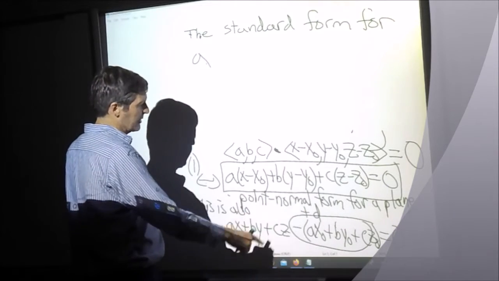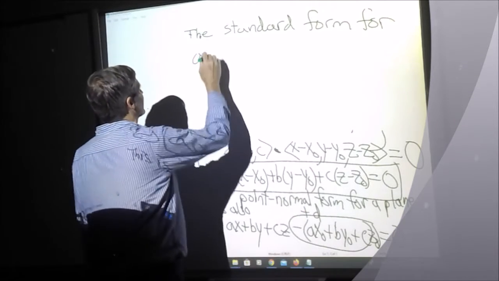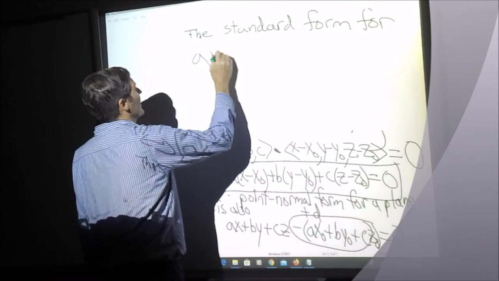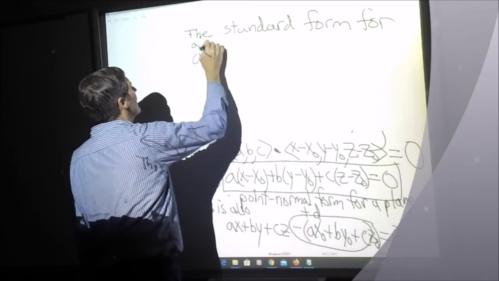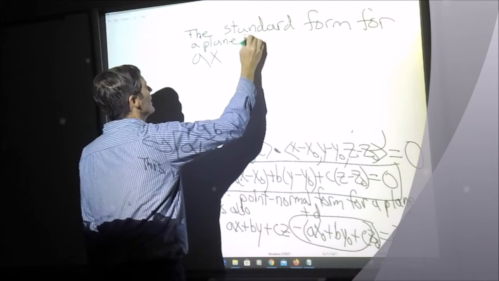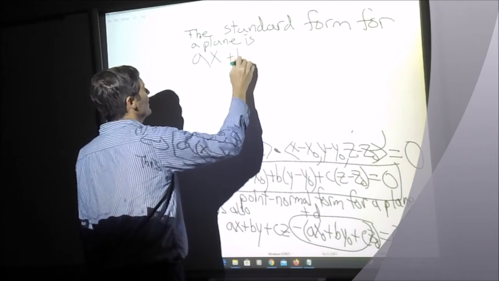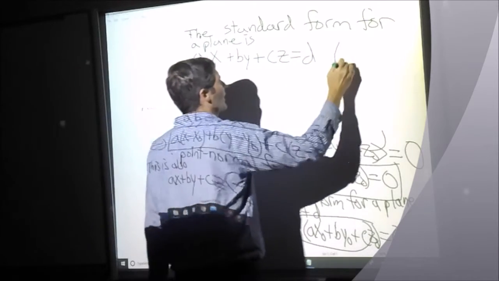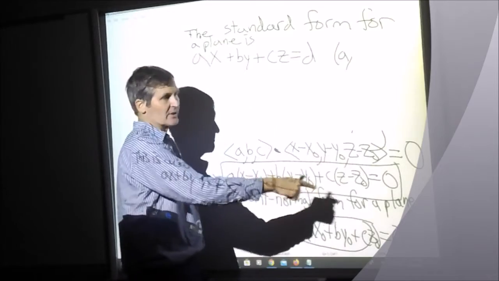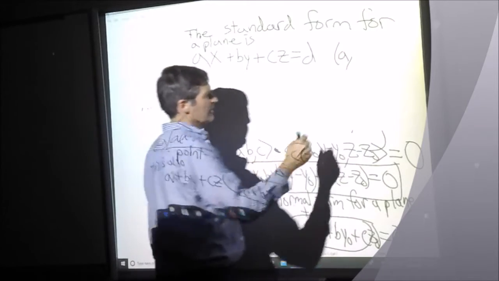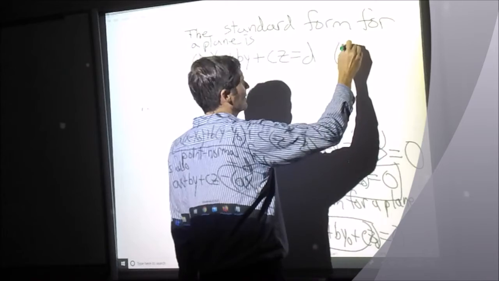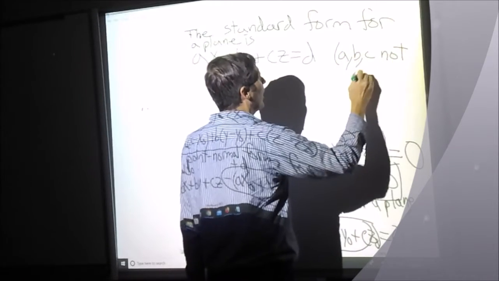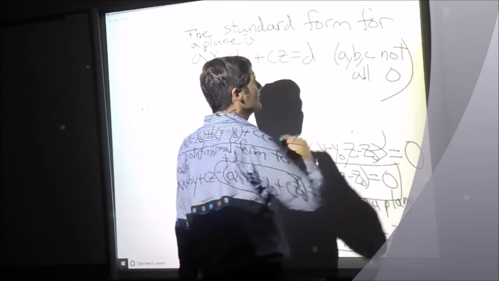Ax plus by plus cz plus d equals 0 is the way this book writes it. Some people put d on the other side. So the standard form for a plane is ax plus by plus cz equals d, with a, b, and c not all 0. Otherwise the normal vector would just be the 0 vector, right? So a, b, and c not all 0.